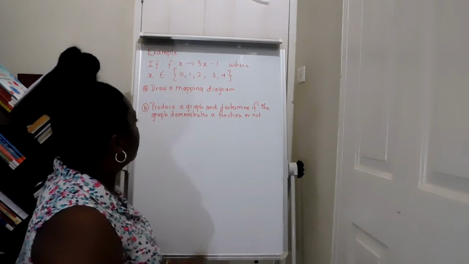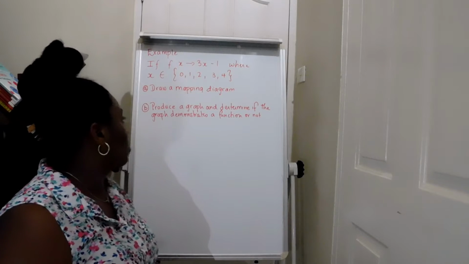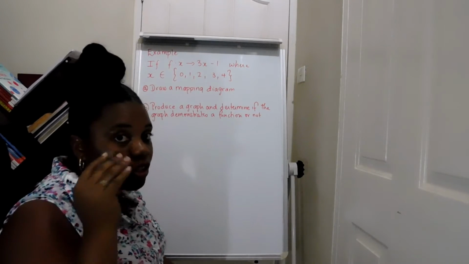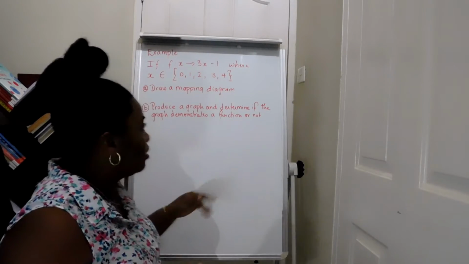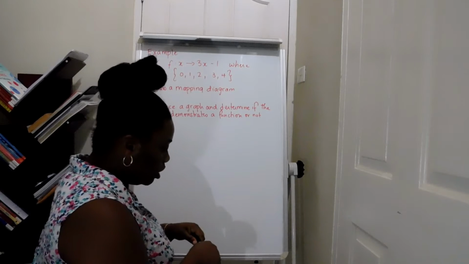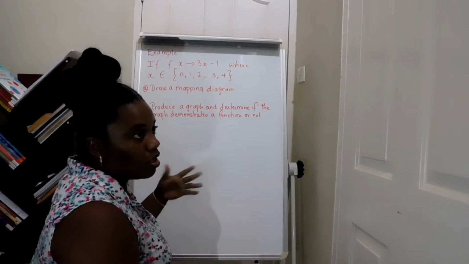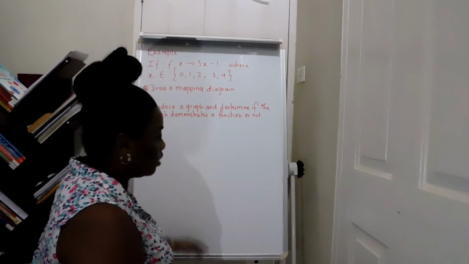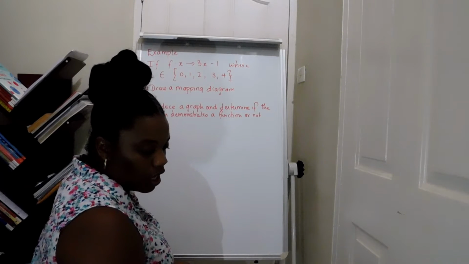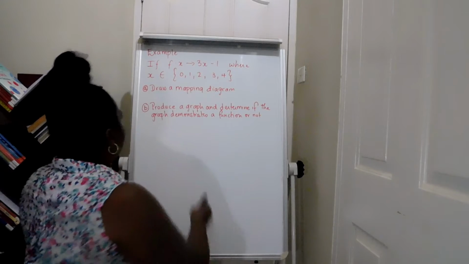And then B, we're going to produce a graph and then determine if the graph demonstrates a function or not. I'm going to show you how easy this is. You would have done this earlier, so this should just be coming from memory. It should be like an exercise too.